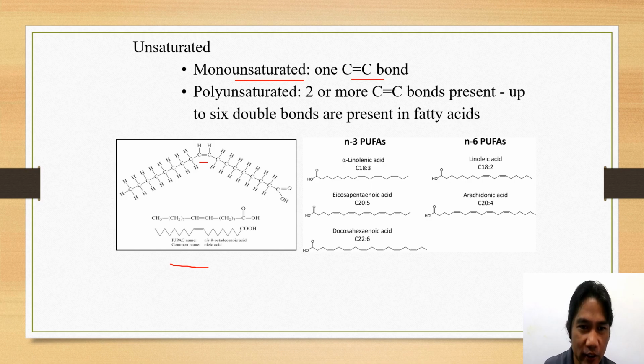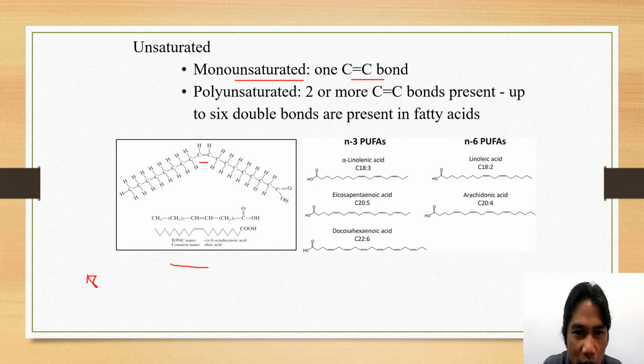If I'm not mistaken, there are 18 carbon atoms here. The name of the fatty acid is oleic acid. Oleic acid has 18 carbon atoms.